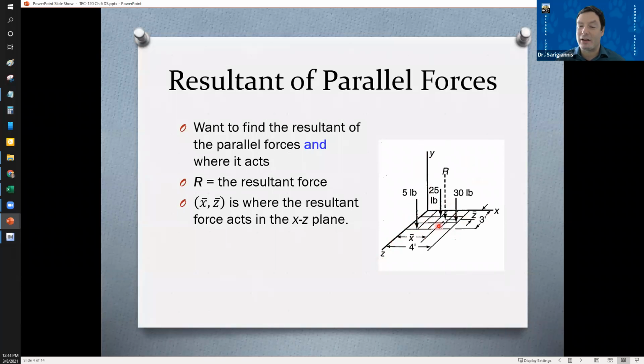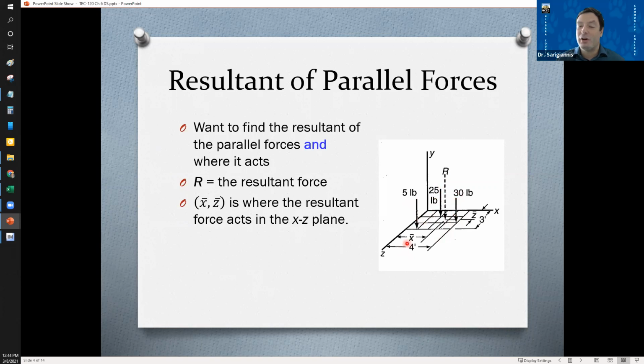All we're saying here is that the resultant is a result of all these 3 forces acting on this plane, right? Its position is going to be some function of the magnitudes of these forces and their locations.